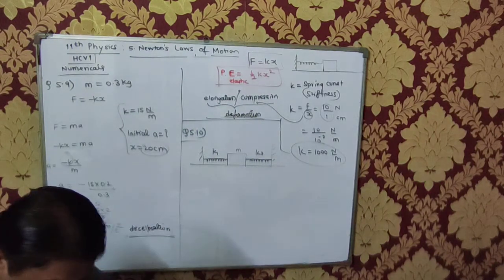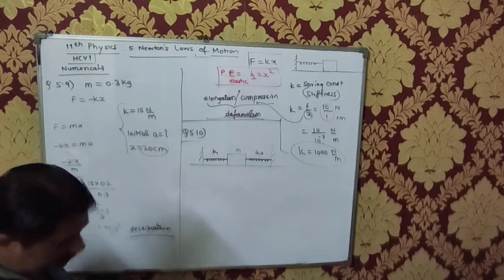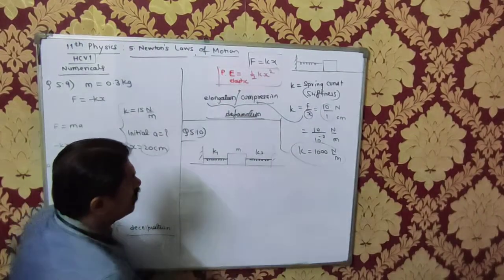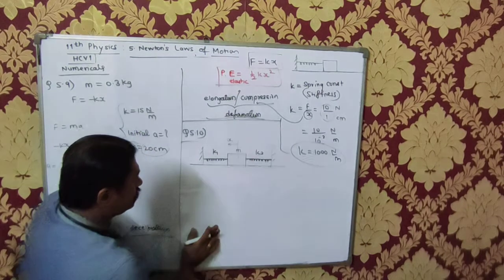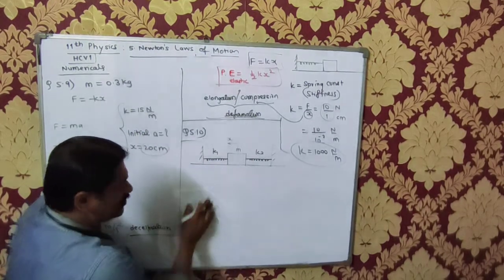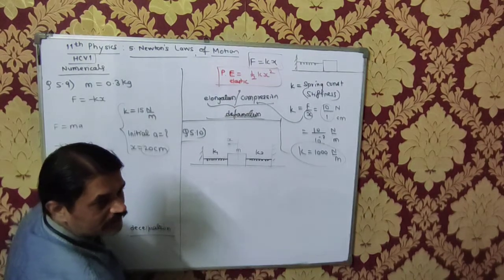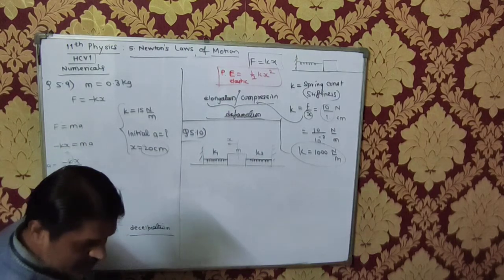Now let us say that we displace this. When we displace the block by distance x, this spring is compressed and this spring is elongated, isn't it? By the same distance x.